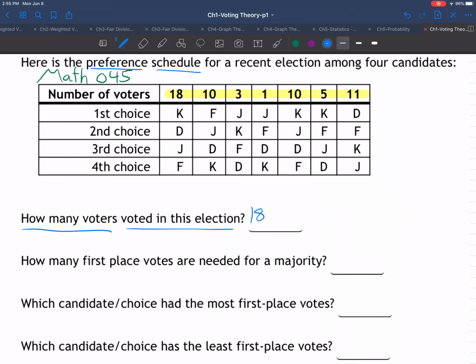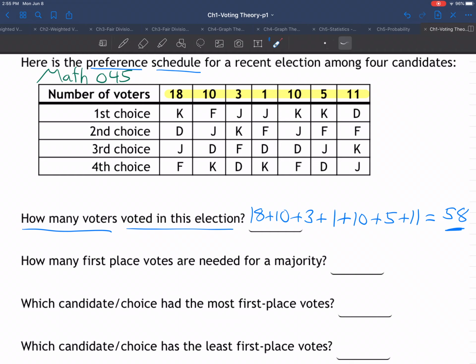So 18 plus 10 plus 3 plus 1, plus 10 plus 5 plus 11. What's that coming out to be? I'm getting 58. Feel free to use your calculator at that point. I think I got that total right. So 58 total voters voted in that election.